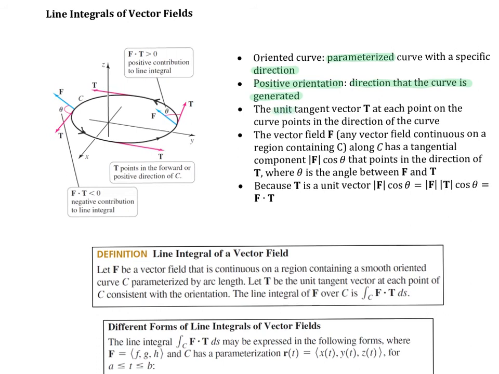Here we're concerned with our unit tangent vector, which would be the capital T. Notice that these red vectors, at any point on the curve, are unit tangent vectors. It's a unit vector because it has length 1, and it's the tangent vector that goes in the direction the curve is generated in.